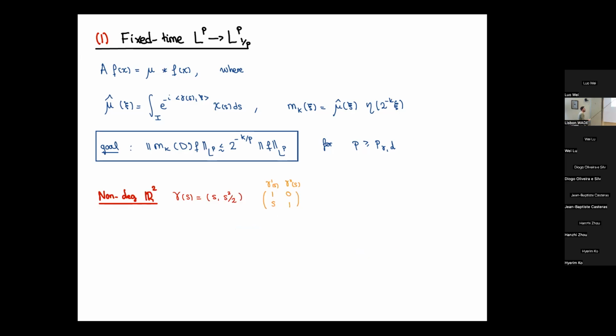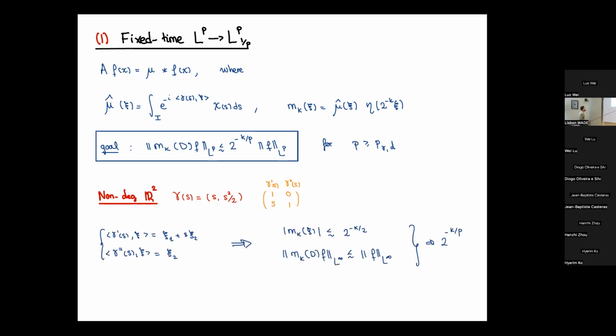And if we start with the parabola, for instance, or you could think of a circle. I'm just writing here the parabola because computations are easier or nicer. Let's say, then we know that the first two derivatives span, right? So the worst that can happen is that the first derivative of the phase can vanish, and then I have to use the second derivative.